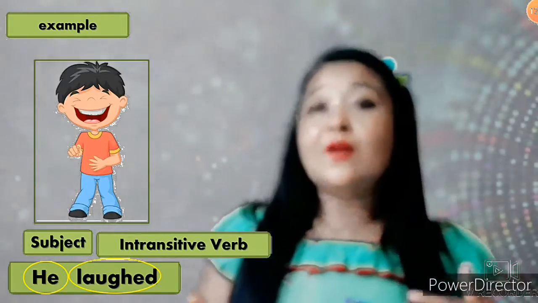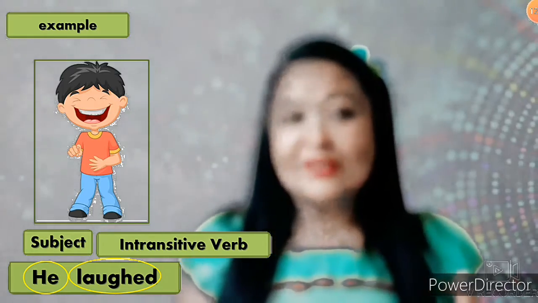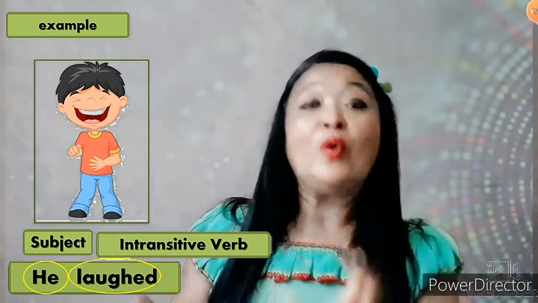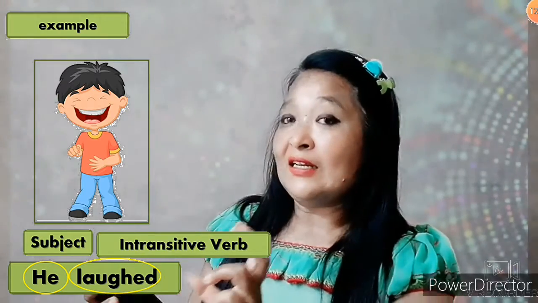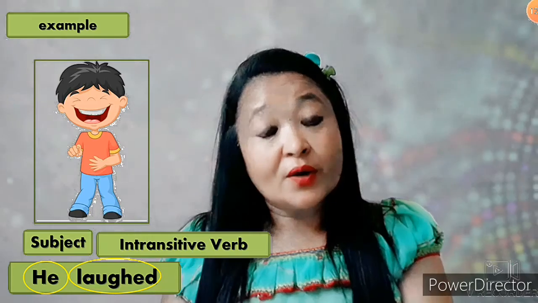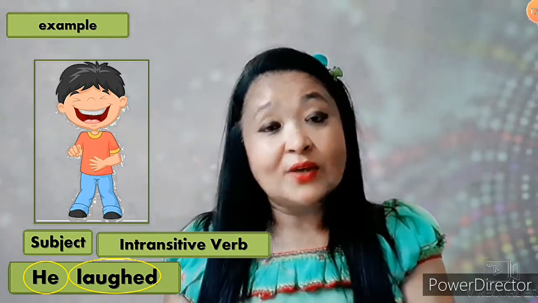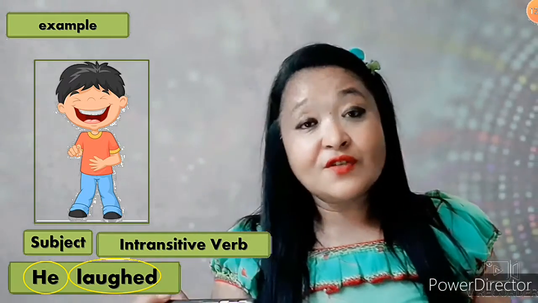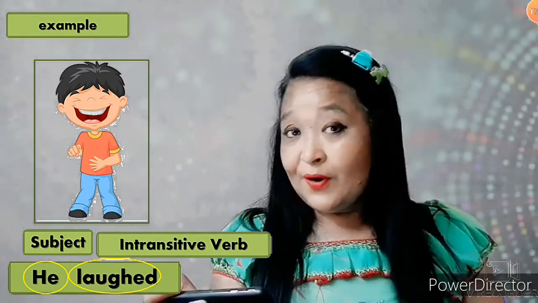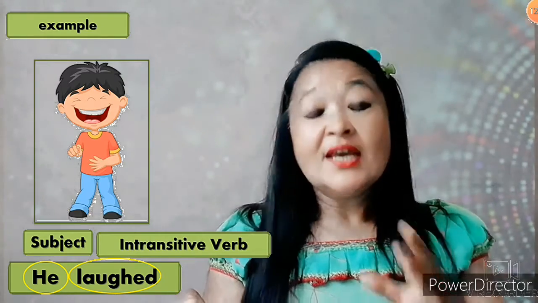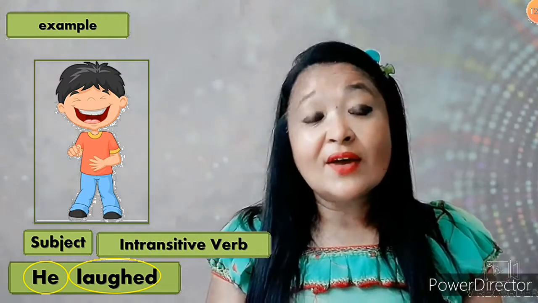Let me clear the doubts, because many children, if they find one more word behind the verb, say, why is this not an object? Why can't we take this as an object? Well, I'll tell you why. See, in this sentence, he laughed. Laughed is a verb, right? And what kind of verb is it? It is a transitive verb. Oh, sorry, it is an intransitive verb. Why intransitive?